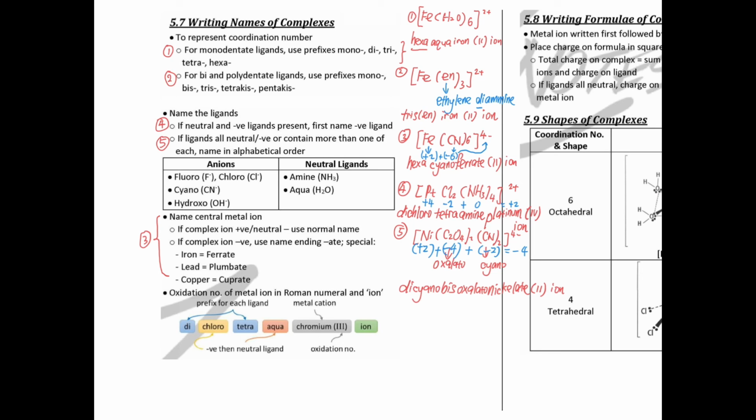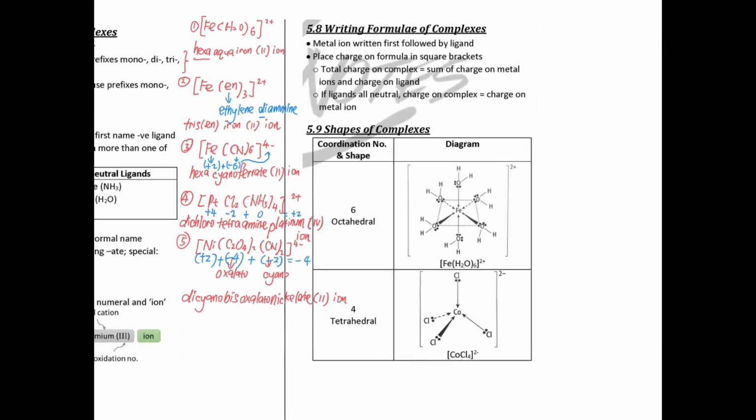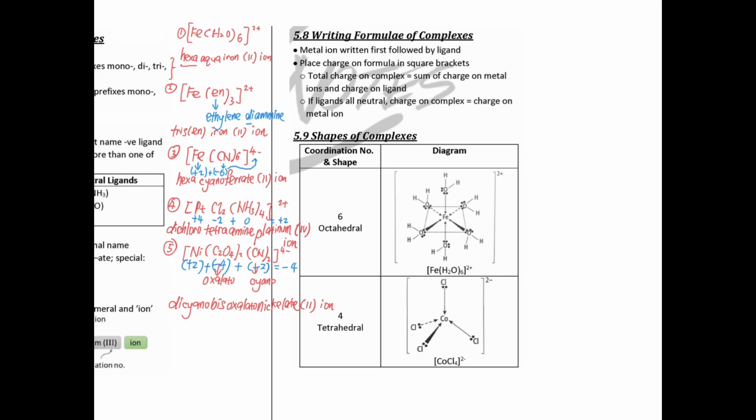Now let's move on. The naming part we settled already with so many examples. The next part is 5.8, writing formulae of complexes. The metal ion is written first, followed by the ligand.